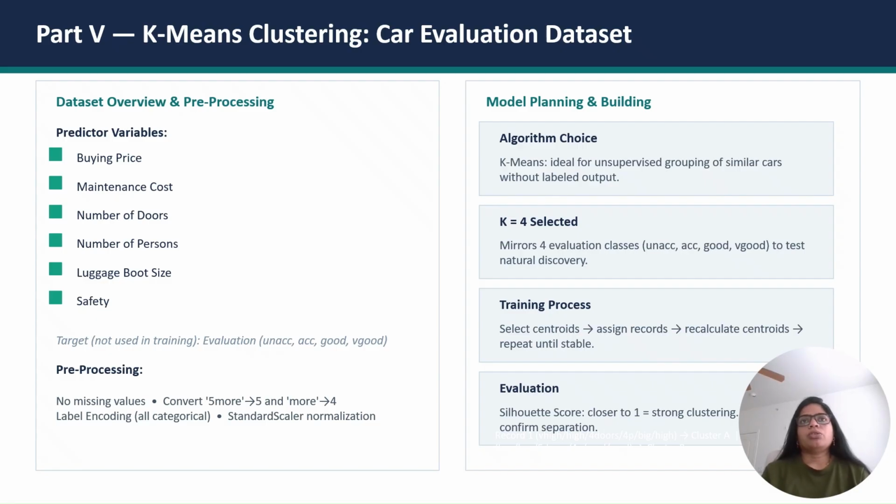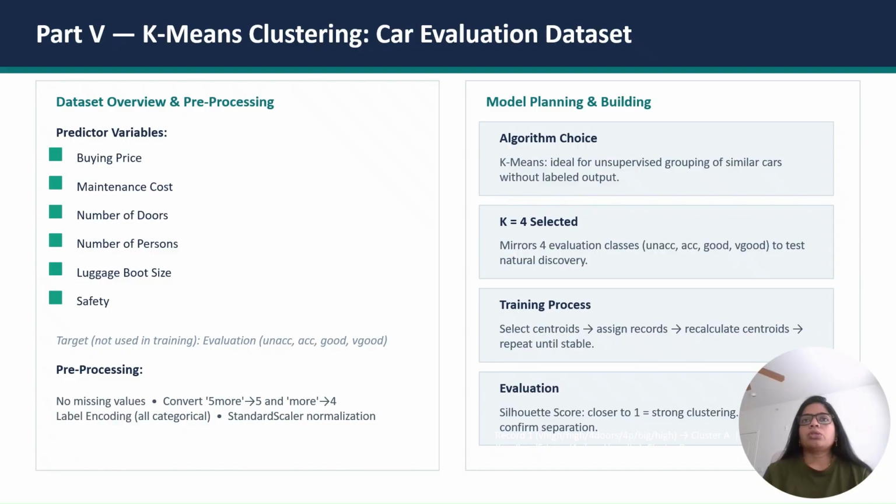With respect to the training process, we select the centroids, assign the records to the centroids, recalculate the centroids, and repeat the same process until the model is stable. After the model has been built, we are planning to evaluate it by calculating the Silhouette score.